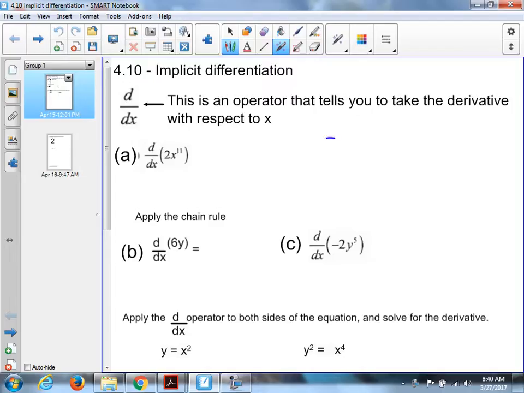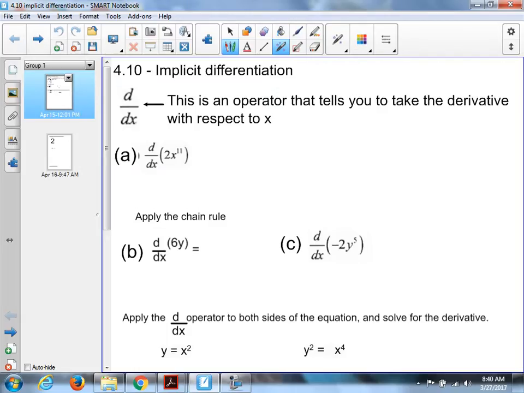There's an operator. These are operators. This checkmarky thing tells you to take the square root of the number 25, right? It's telling you to do some mathematical operation, an operator, okay?